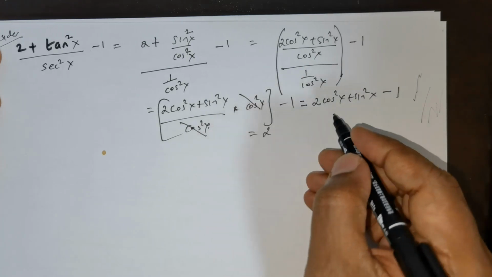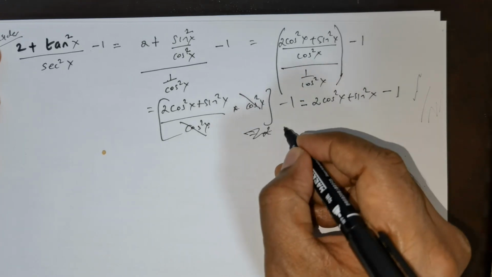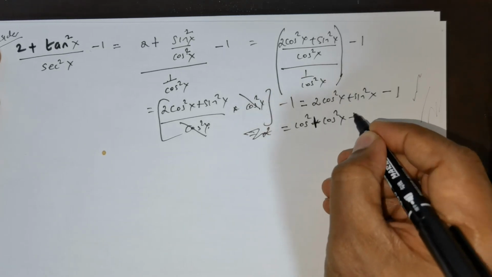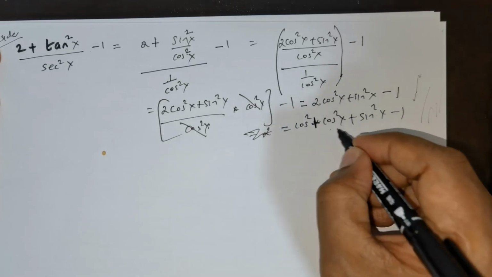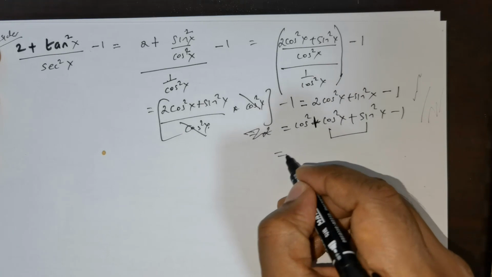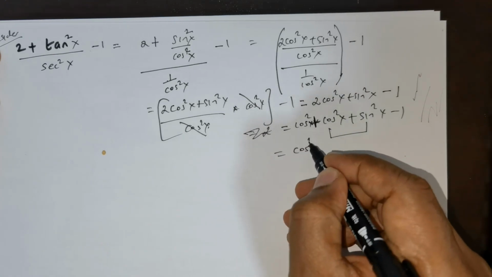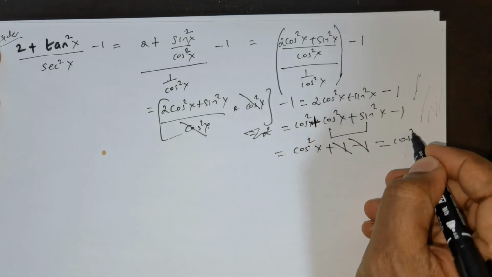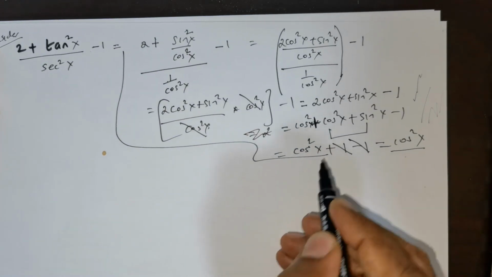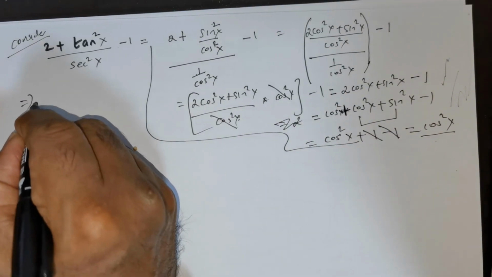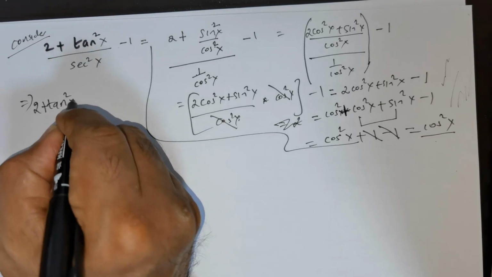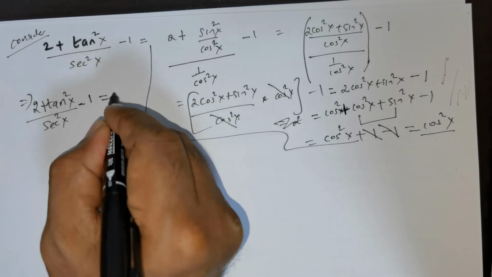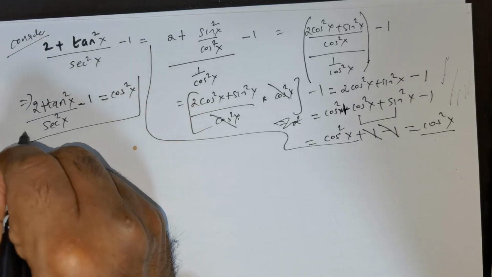Now what I wish to do, I would like to write 2 times cos squared x as cos squared x plus cos squared x plus sine squared x minus 1. Now I mentioned to you that sine squared x plus cos squared x is equal to 1. So this is going to give me cos squared x plus 1 followed by minus 1. Plus 1, minus 1 gets cancelled, giving me cos squared x. So therefore we have an identity. What is that? 2 plus tan squared x over secant squared x minus 1 is equal to cos squared x.